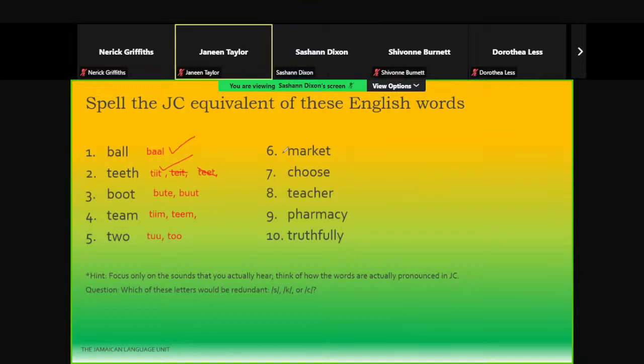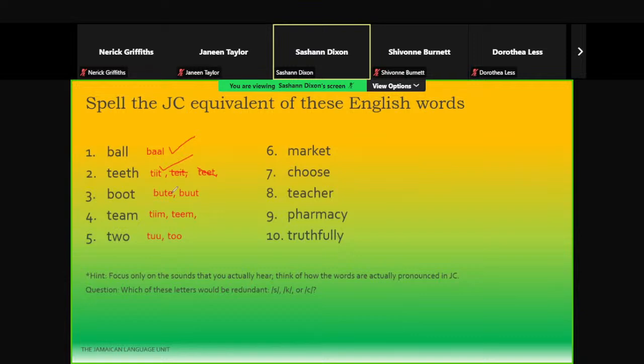Booty. Bute. Perfect. Bute. Now, I don't know of a Jamaican word such as bute. I can't think of any. So at the moment, no such word exists in Jamaican. But if you did have such a word, bute, this is how you would spell it, right? Using this writing system. But that's not what we're looking for.